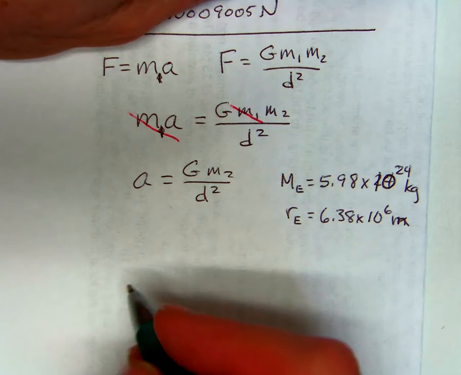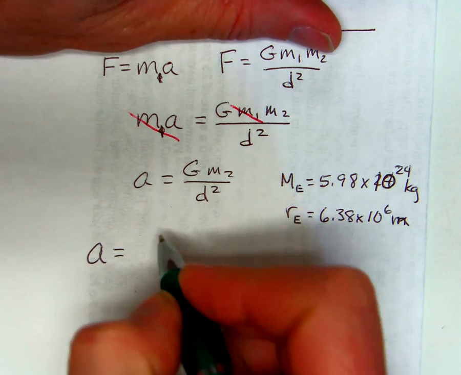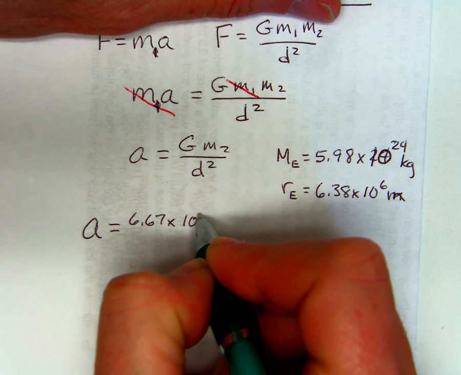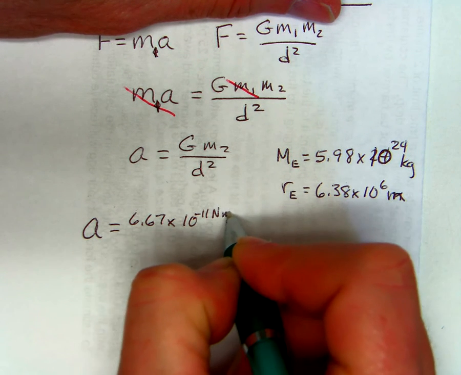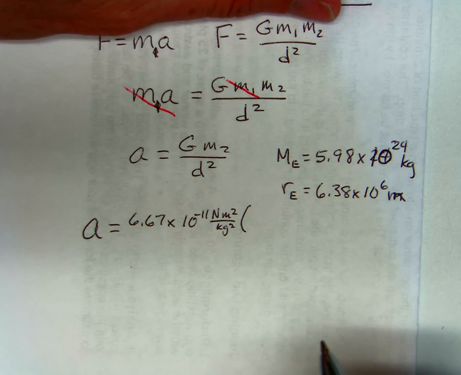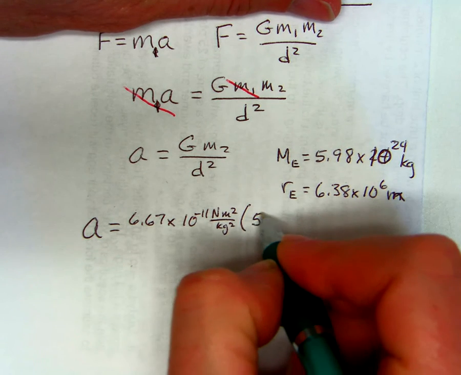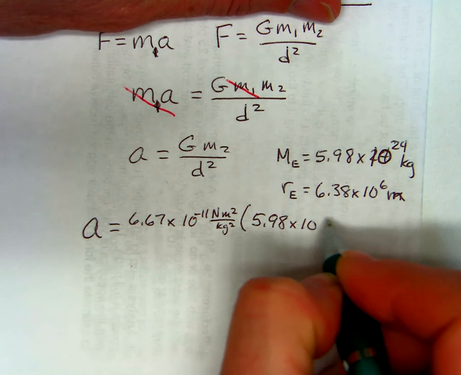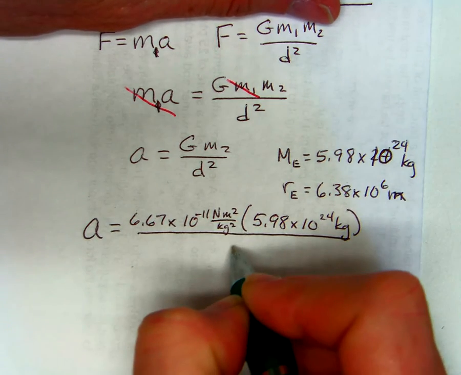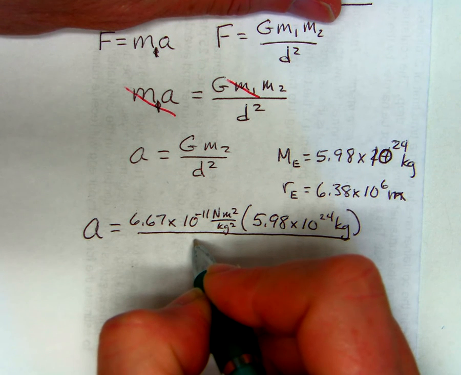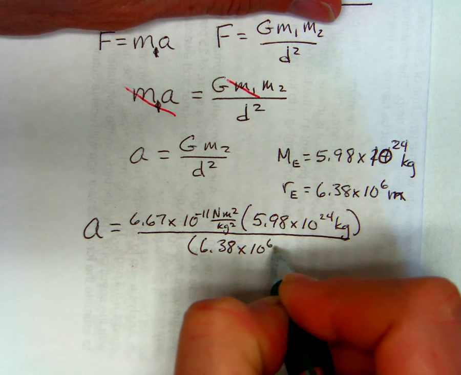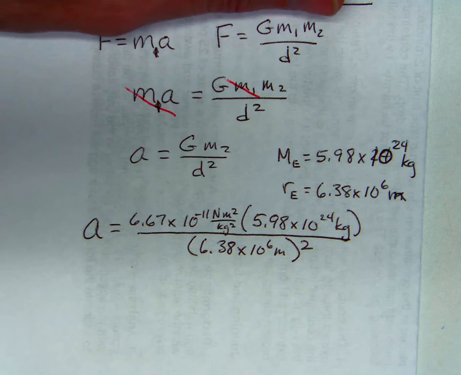So let's put these numbers in here. Our acceleration is 6.67 times 10 to the negative 11th Newton meter squared per kilogram squared, times the mass of the Earth, divided by our 6.38 times 10 to the 6 meters, and that gets squared.